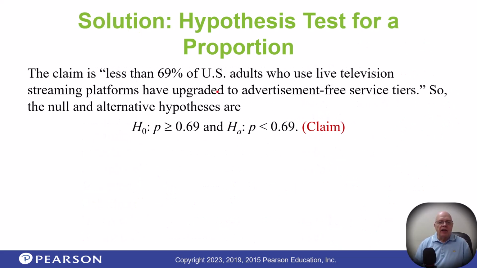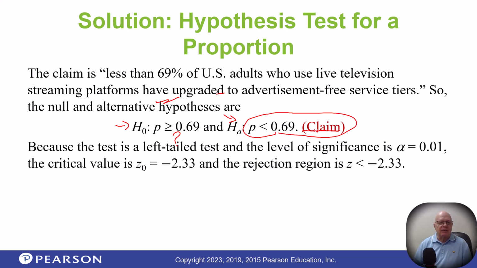Here we've got the null hypothesis. Right here, we've got the alternate hypothesis, and label the claim. So when we decide what we're going to do with the null hypothesis, we still have to couch our conclusion or result in terms of the claim itself.